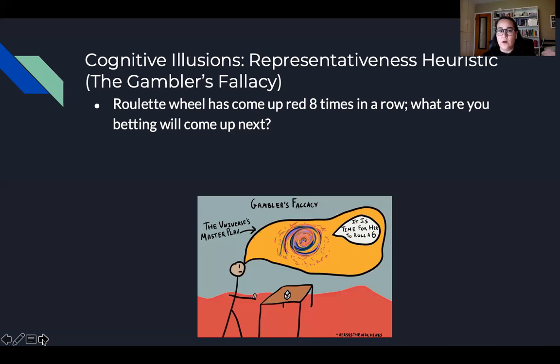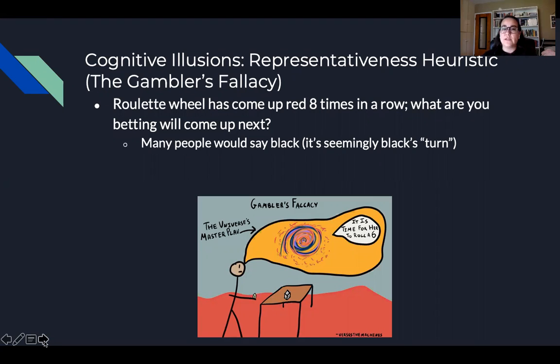Most people are going to bet on black. And this is because they're drawing on the reasoning that if black and red are equally likely, then the previous outcomes of these 8 reds in a row have kind of skewed the results. So now it must be black's turn.